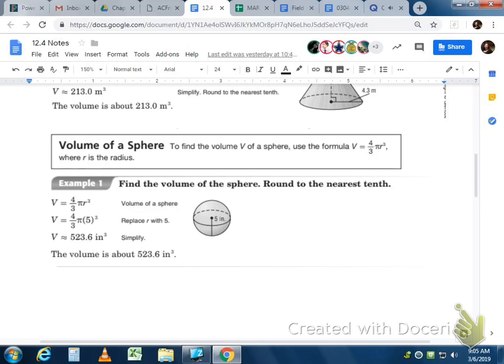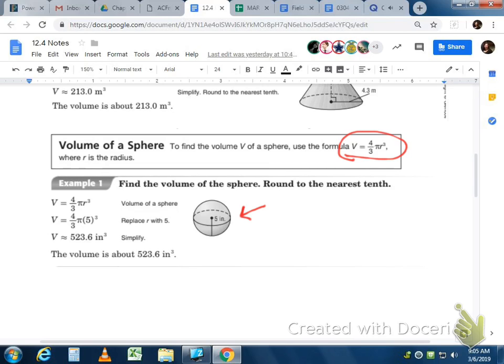Well, maybe they gave you the diameter. How do you find the radius if they give you the diameter? Half of that, right. So make sure you're using the right measurement. It is 4/3 pi r cubed, and remember, you'll be allowed to use a calculator for that fractional measure.